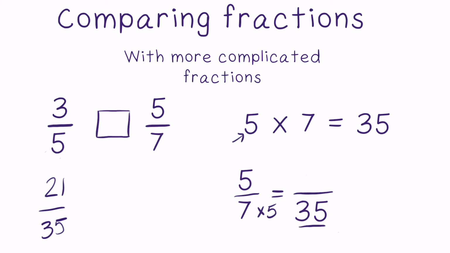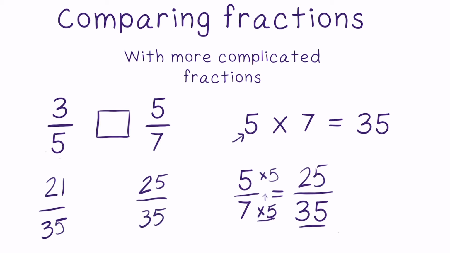Whatever we do to the denominator, we have to also do to the numerator. So we have to multiply the numerator also times 5. So 5 times 5 is 25. Now we can say that the equivalent fraction for 5/7 using that common denominator of 35 is 25/35.